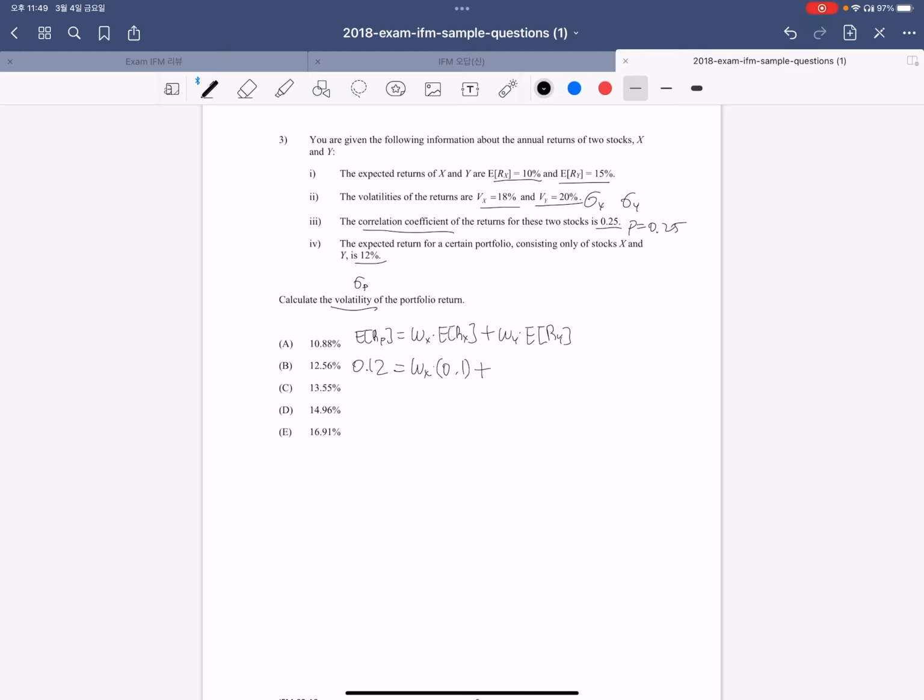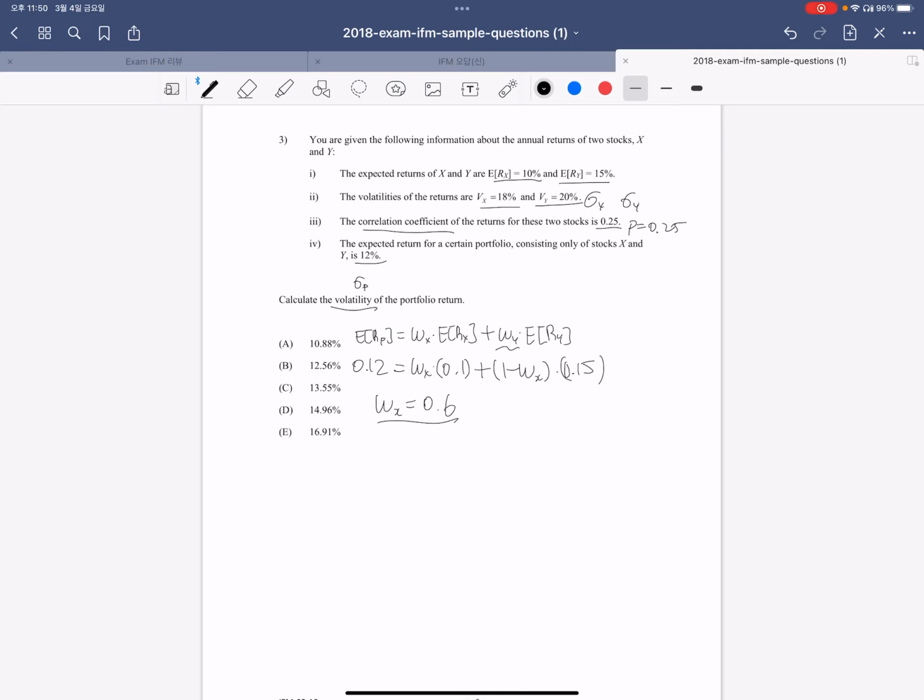And we know that there are only two stocks in the portfolio, so we can put the weight of Y as 1 minus WX. And we're given the expected return of Y as 15%, so I'll put 0.15. And if we calculate this, we get WX as 0.6.